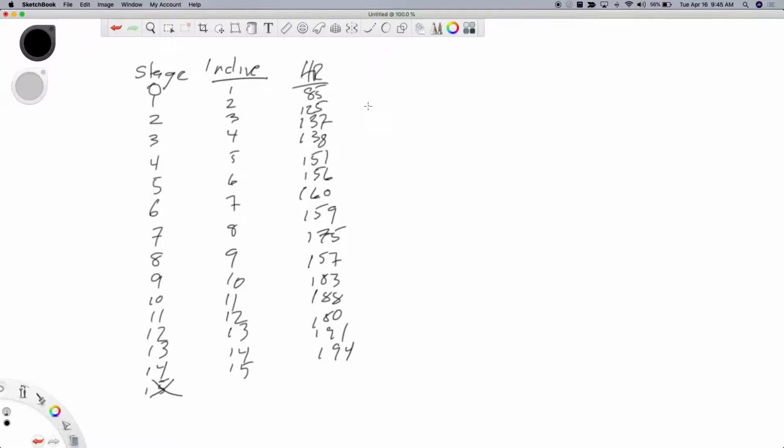All right. Then his lactate at 0 was 2.9. At 2 minutes, let's see here.